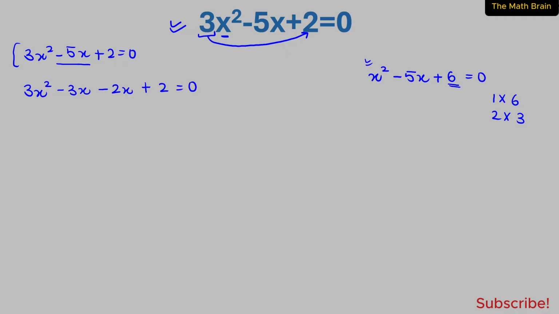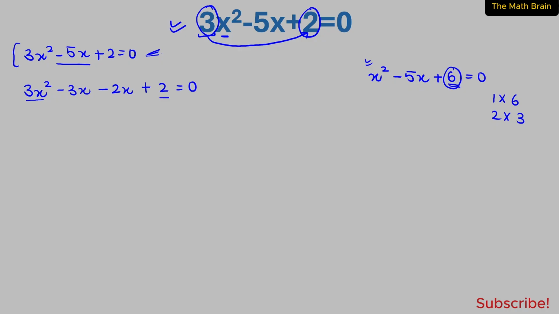Now what we have done here is, we have multiplied this first coefficient with the constant term, but we are going to write it as our initial equation with 3x square as the first term and 2 as our constant.